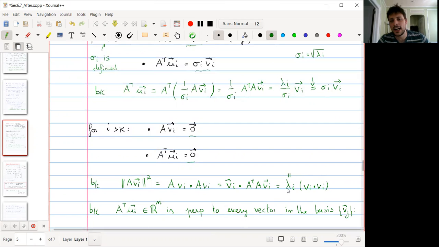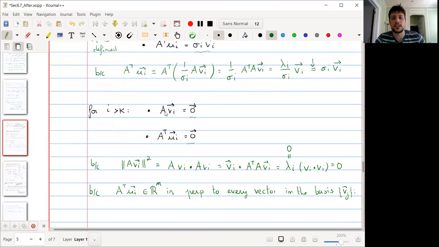Now this lambda i, because i is bigger than k, is 0, because the lambda i's with i bigger than k are all of the eigenvalues that are equal to 0 in our matrix. So A Vi is a vector of length 0, but then it must be 0 itself. So that proves the first line here.